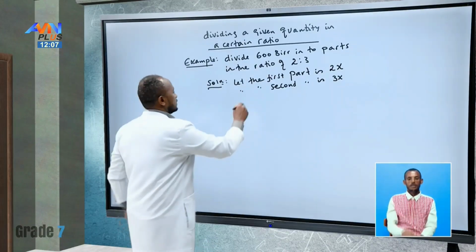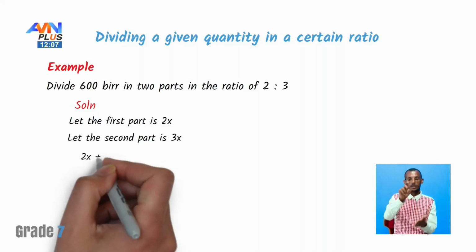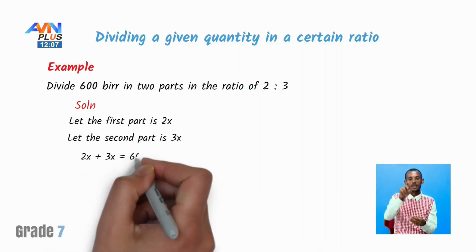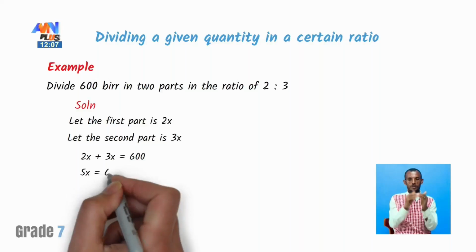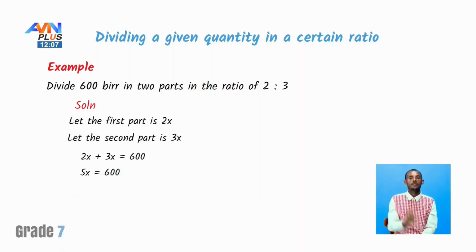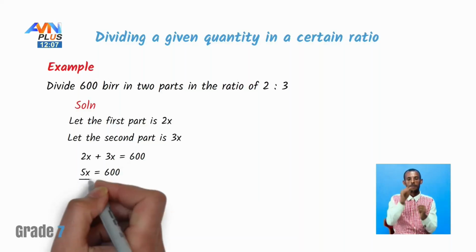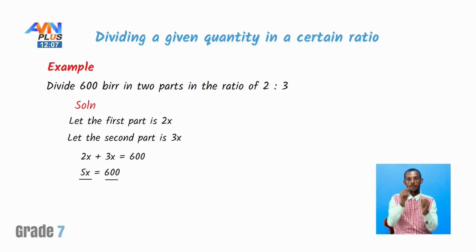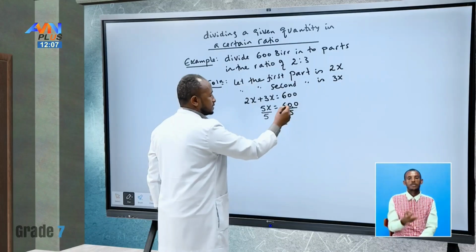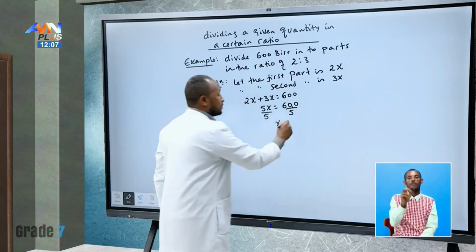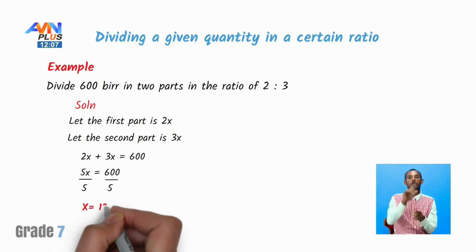Therefore, here 2x plus 3x gives you 600. And when you add these 2, you have 5x equal to 600. Divide both by 5. This cancels out. x equals 600 divided by 5. Let's divide: 60 by 5 is 12. Therefore, 120 will be x.